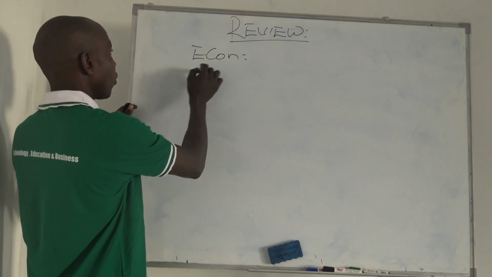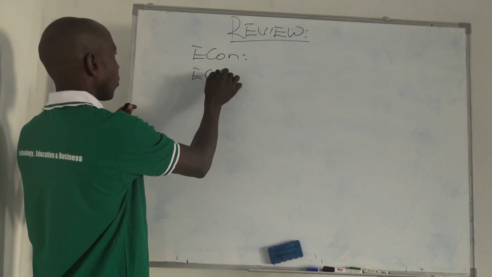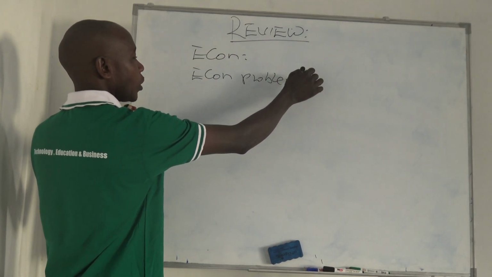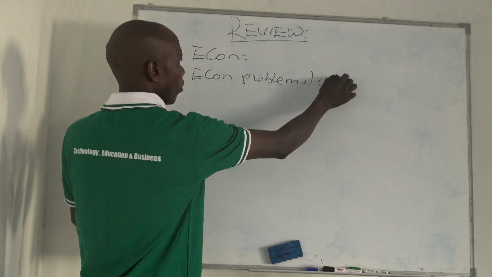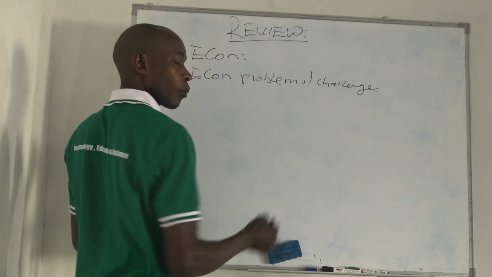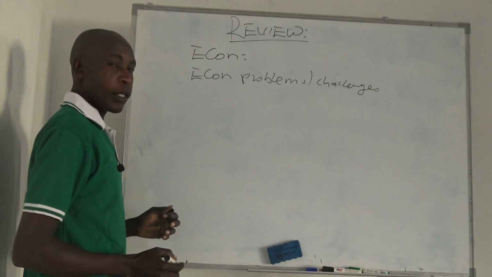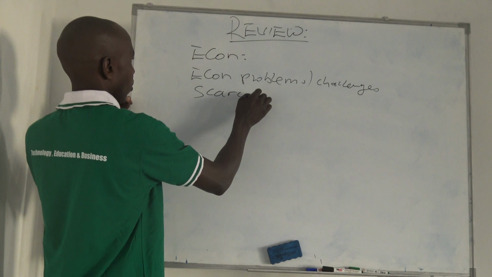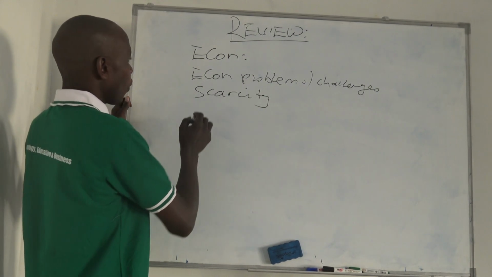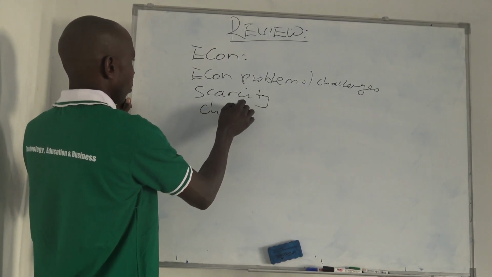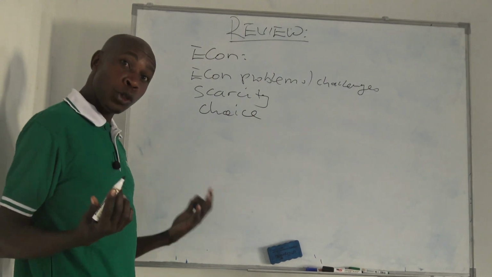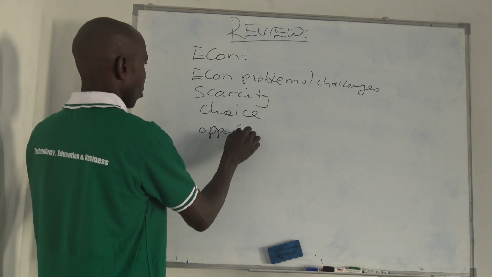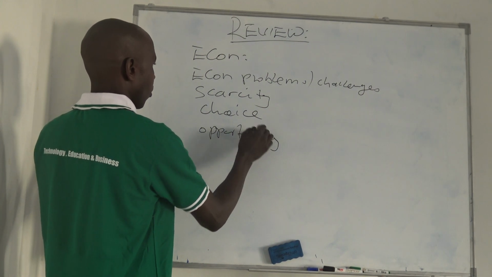We had economic problems, which I called challenges, occasions, among which we had scarcity, we had choice, and we also had what we call opportunity cost.